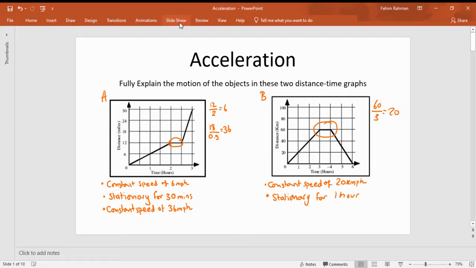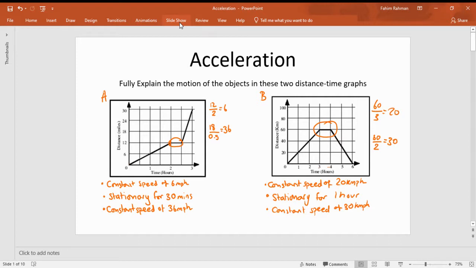And then finally we've got this downwards gradient. Again, it's a gradient, so we've got constant speed. We're traveling from 60 to 0, so our difference there is 60. And then we've got a time of 4 to 6, so that's a difference of 2, which means that our gradient is 30, which means we were traveling at a constant speed of 30 kilometers per hour.